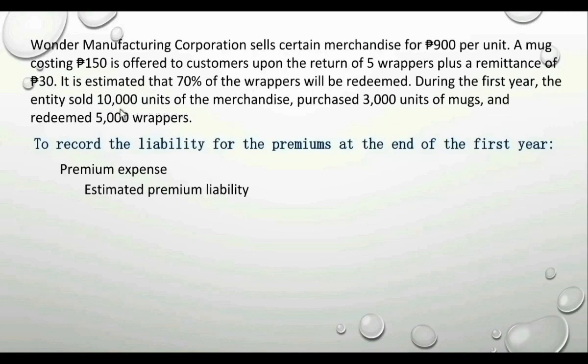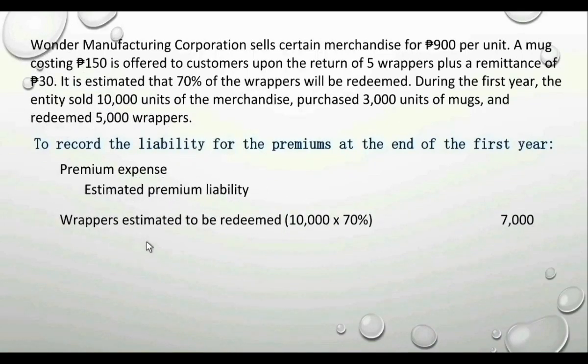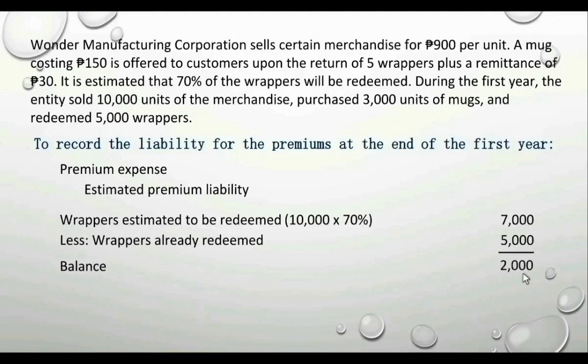Therefore, with 10,000 units of product sold, went 10,000 wrappers to the hands of the customers, out of which 70% or 7,000 were expected to be redeemed. 5,000 wrappers were actually already redeemed during the first year, leaving 2,000 more expected to be redeemed in the future, that is after the first year.